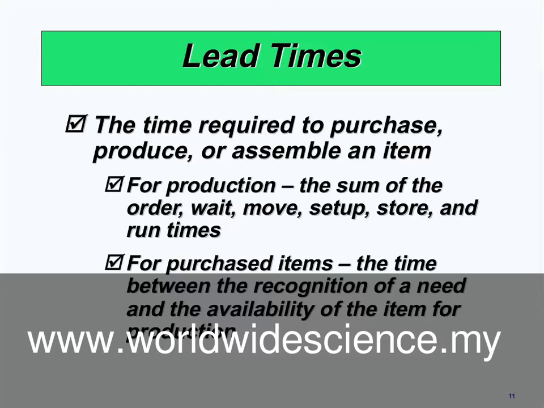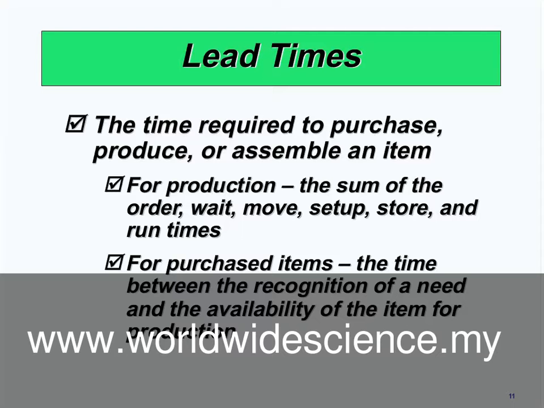So for production, the lead time is the sum of the order, wait, move, setup, store, and run time. And for a purchased item, the lead time is the time between the recognition of the need and the availability of the item for production.